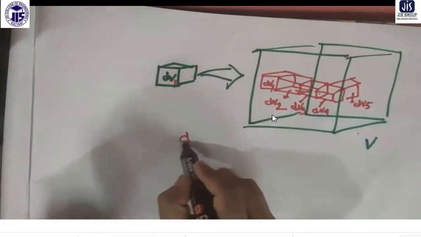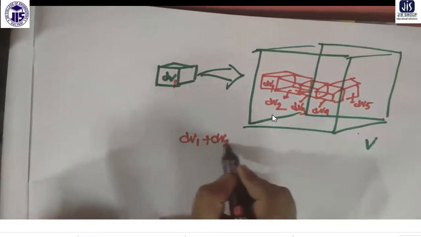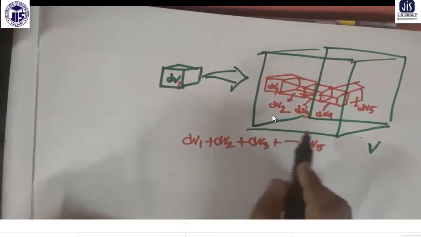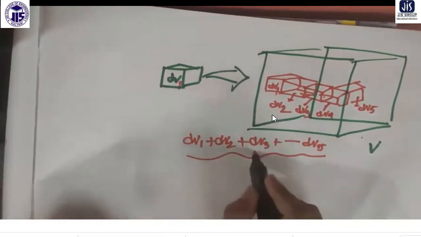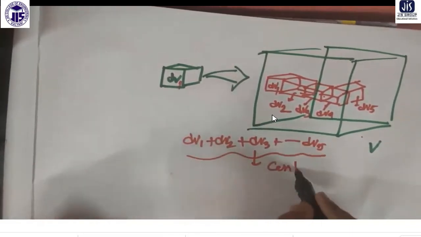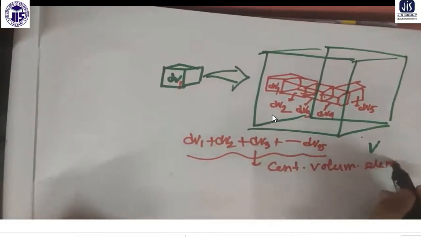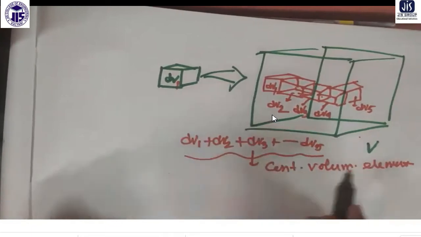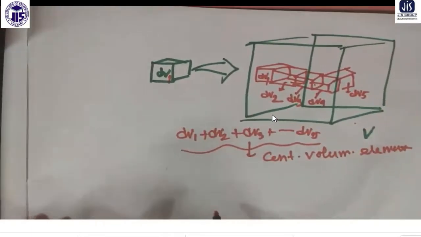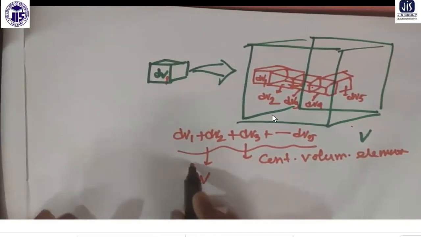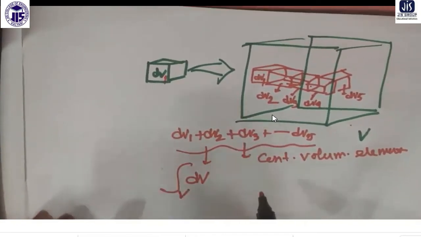So the total volume is dV1, dV2, dV3, and so on up to dV5. This gives you the total volume because it is a continuous volume, and you are adding all the individual volume elements. So you can express this as an integration over the volume V.